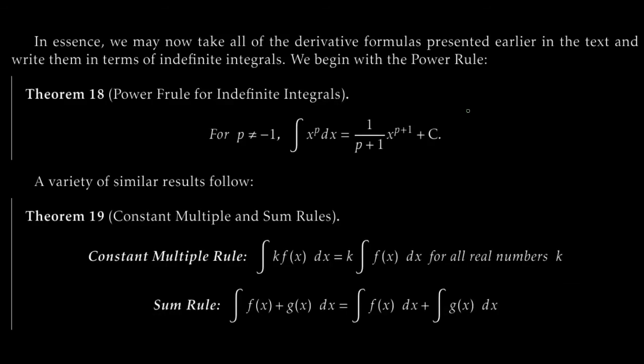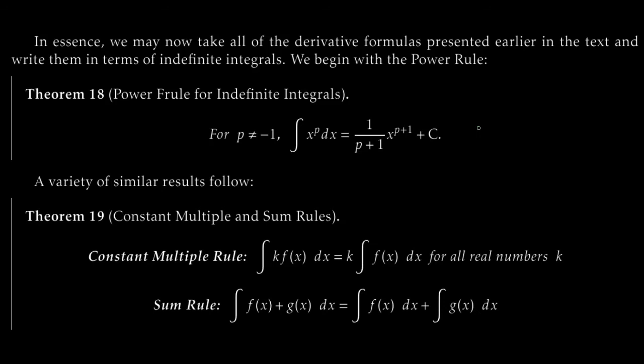Okay, so for the immediate future, what we're going to do is basically just take all of the results from the first part of class and reverse them. That is, instead of saying the derivative of this function is this thing, we're going to say the integral of this thing is that function. So let's start off with the power rule.